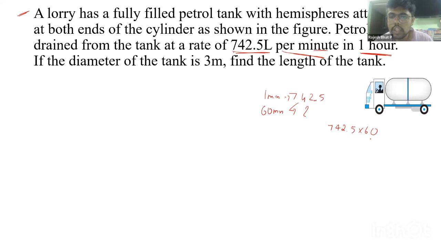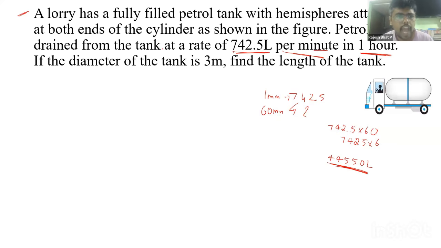So now just give 1 zero, so it becomes 7425 into 6, because if you give 1 zero, the point will go. So what will be the answer? Basically, when you solve this, you will get the answer as 44550 liters.